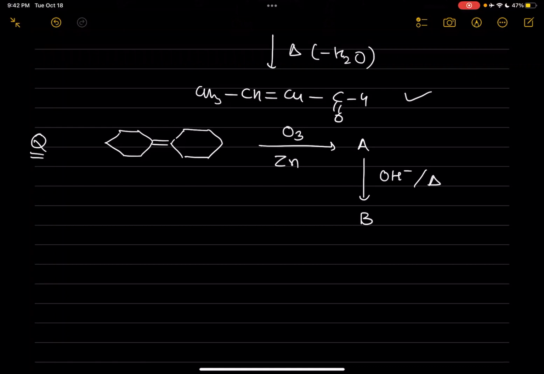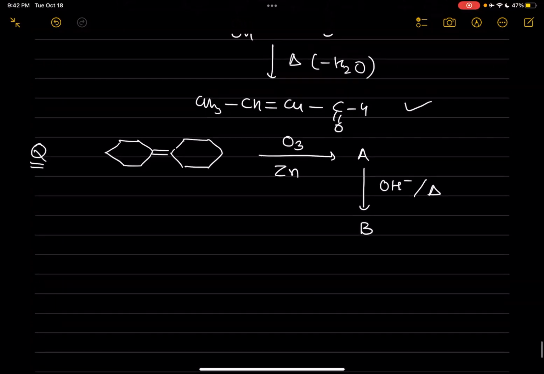So, how does ozonolysis occur? The shortcut is you can break the double bond and put oxygen on both sides of the double bond, if it is reductive ozonolysis.